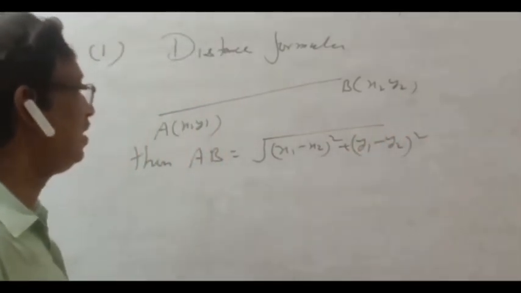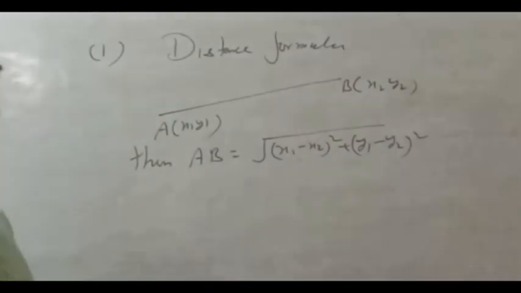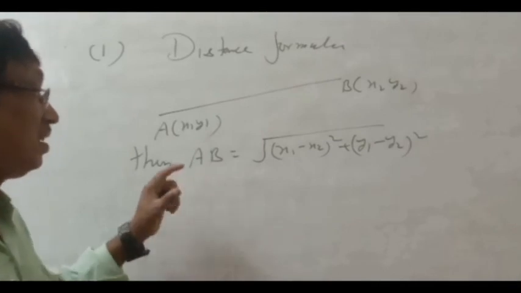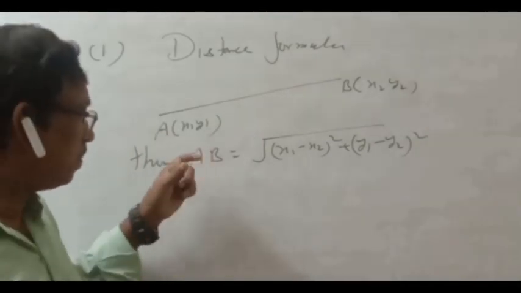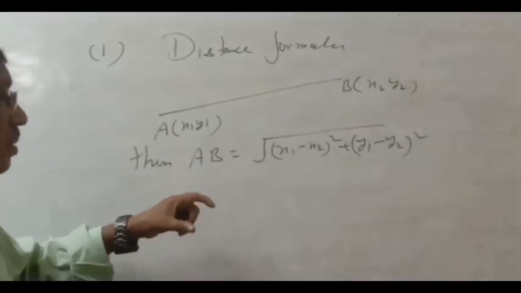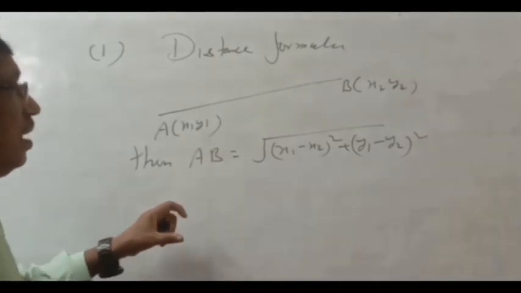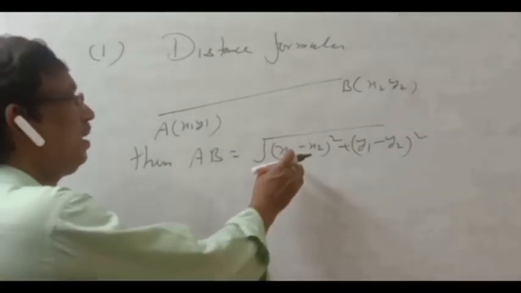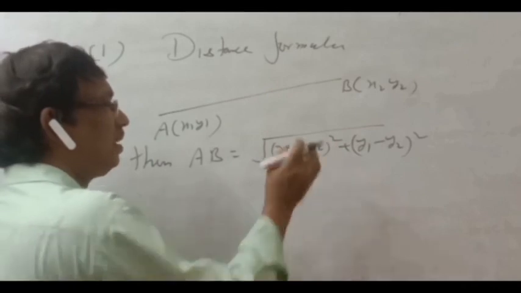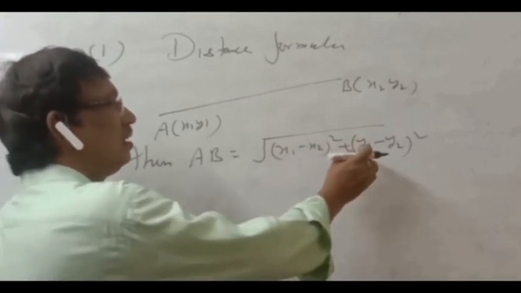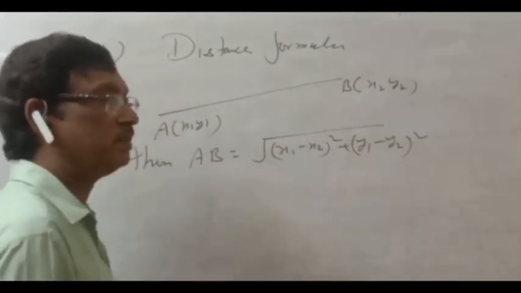You have already seen this formula in 10th class, the distance formula. Each formula has precautions. That means if we subtract x1 minus x2, then here y1 minus y2.